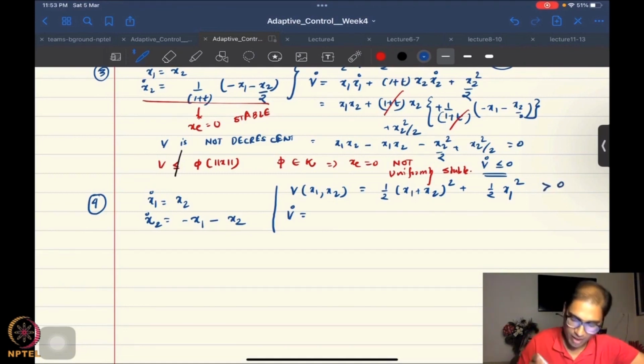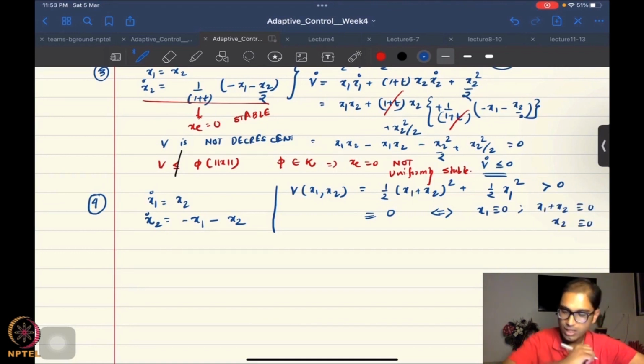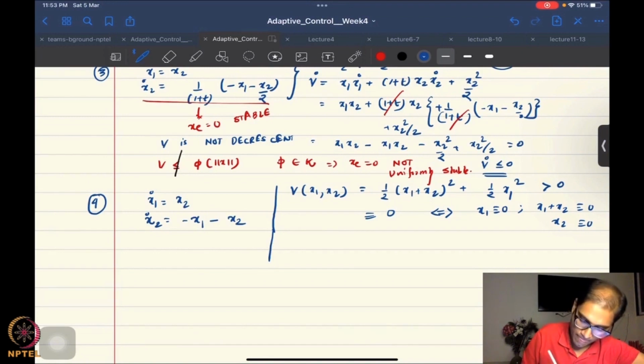Why is it positive definite? Let's look at where this can be zero. This can be exactly zero if and only if x1 is exactly 0 and x1 plus x2 is exactly 0, which means x2 is exactly 0. So the origin is the only place where this function can be exactly 0. Everywhere else it is strictly positive. So this is a positive definite function as per our definitions.